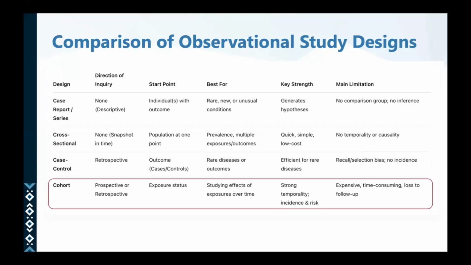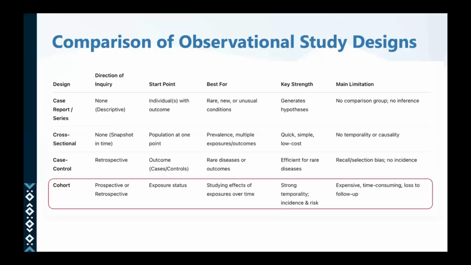For cohort studies, they can be both prospective or historical, which I am now preferring over retrospective. Their starting point is, unlike case control studies, the exposure, and they are best for studying effects of exposure over time, from exposure to outcome.